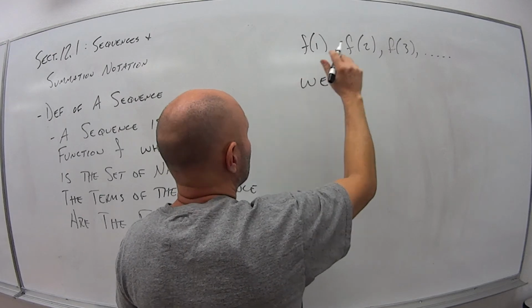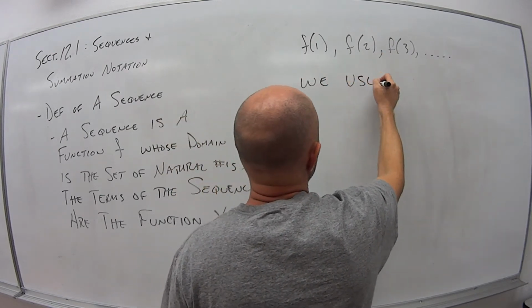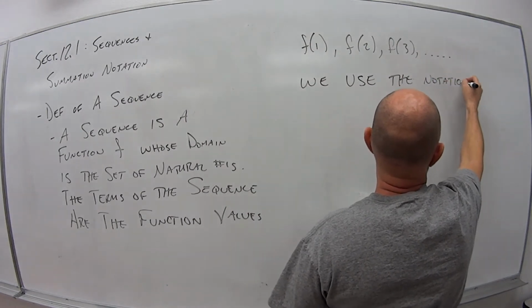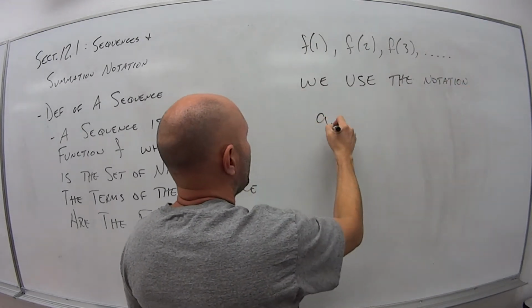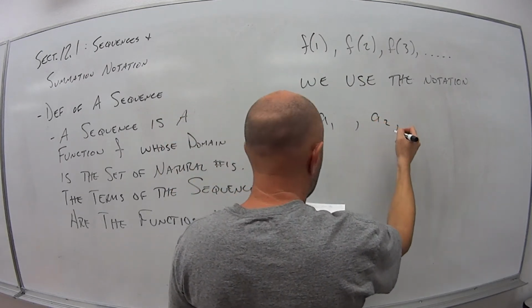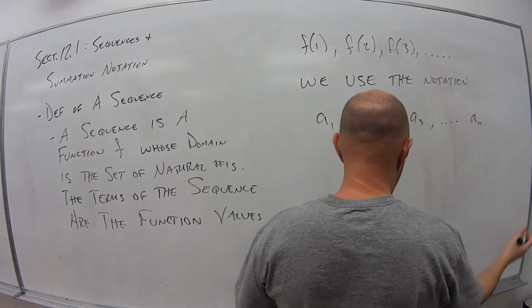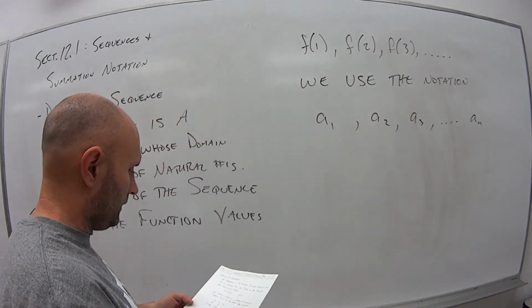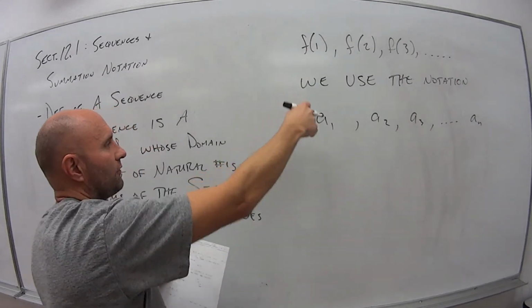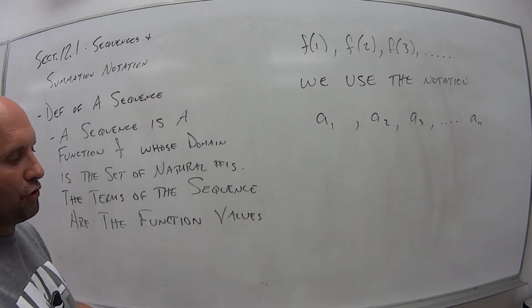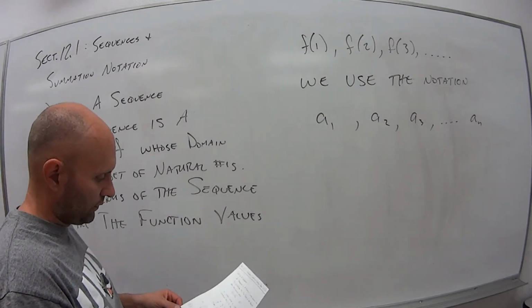So to save some time with the writing, we use the notation A1, A2, A3, and so forth, all the way up to An. And these are the function values. So instead of writing f of 1, we just write A1. Instead of writing f of 2 is equal to something, we just write A2. It's just a little shorthand notation for us.